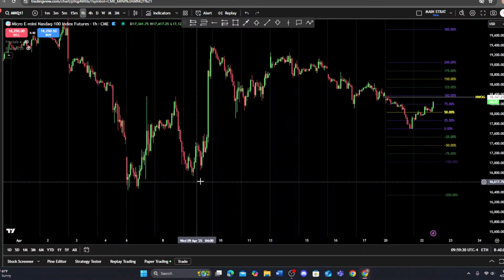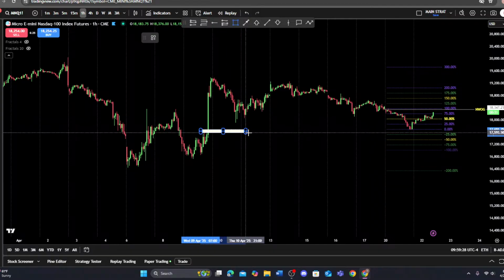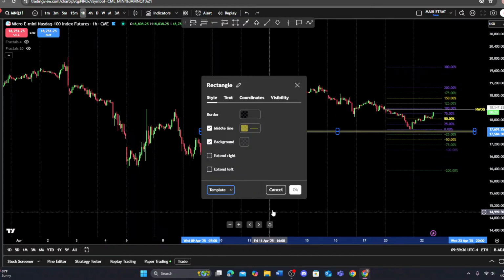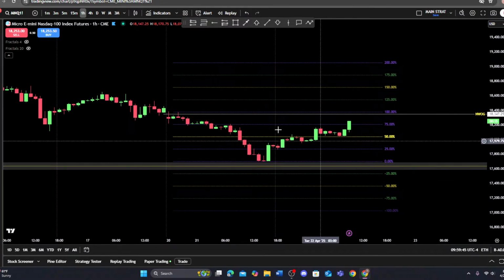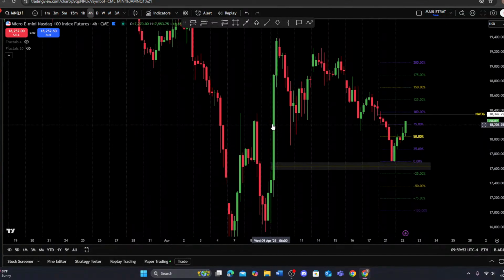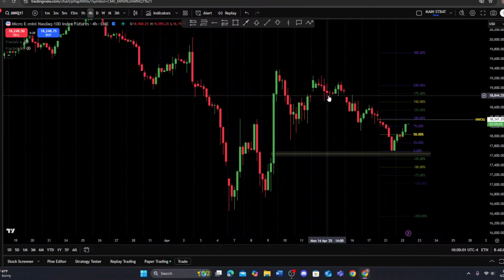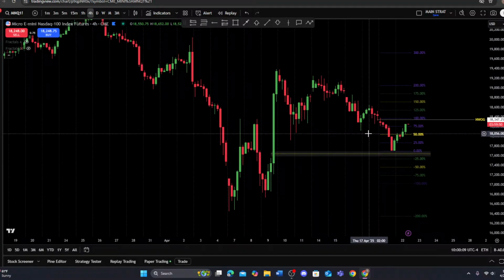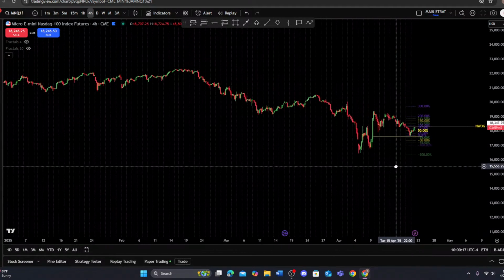We got some good sell side down here at these levels as well. Structure is still bearish structurally.